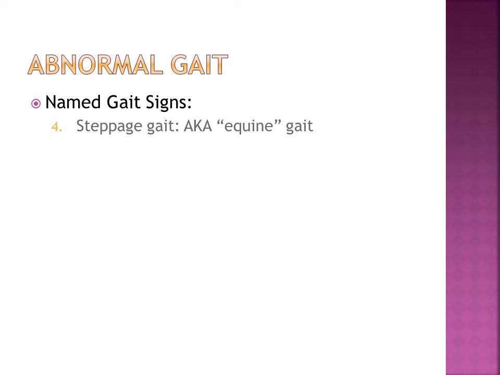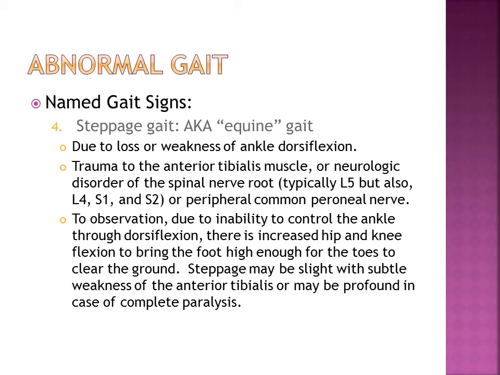Okay, the steppage gait is also known as the equine gait. This is a named gait sign. Steppage gait is due to weakness of the anterior tibialis muscle, which causes a loss or weakness of ankle dorsiflexion. And what could be some causes of weakness of the anterior tibialis muscle? Well, one thing would be direct trauma to the anterior tibialis muscle itself, perhaps a contusion injury to the front of the leg.